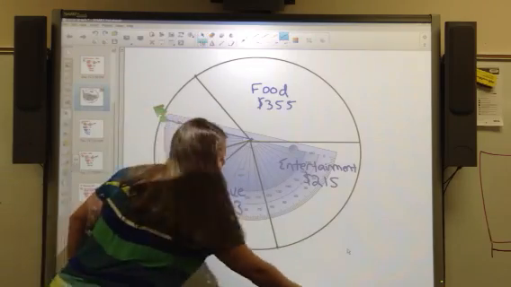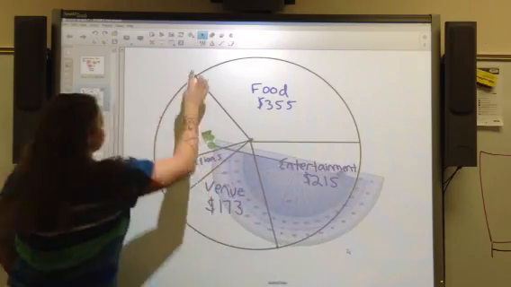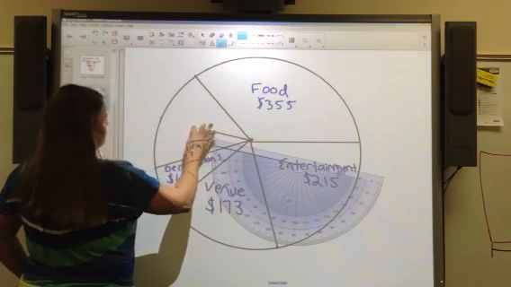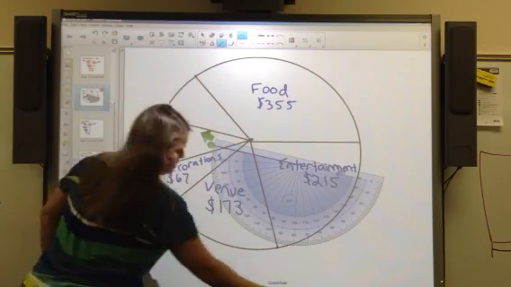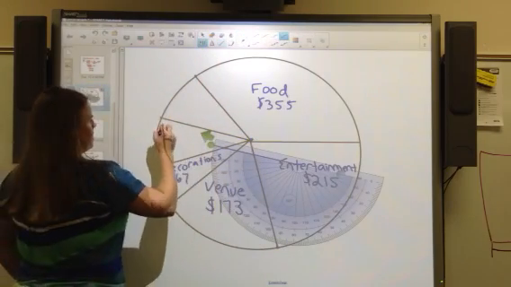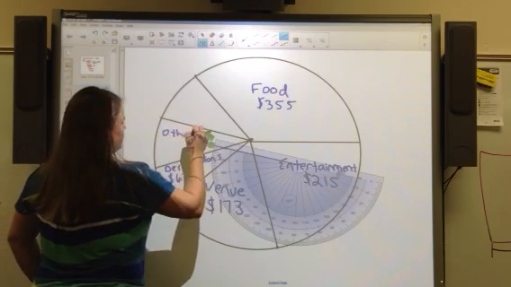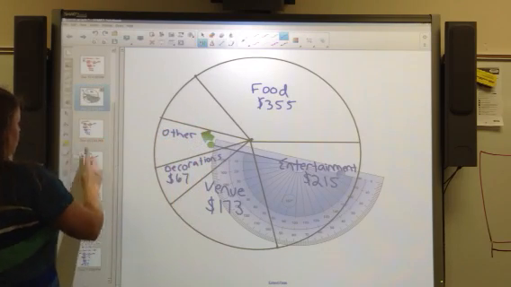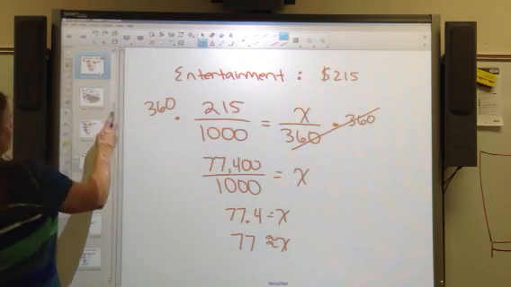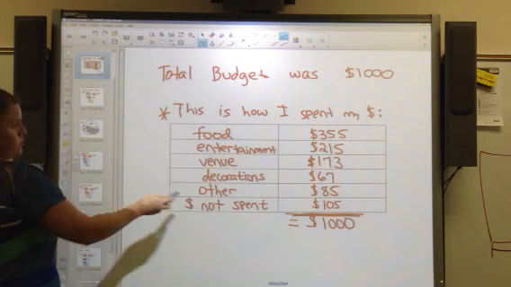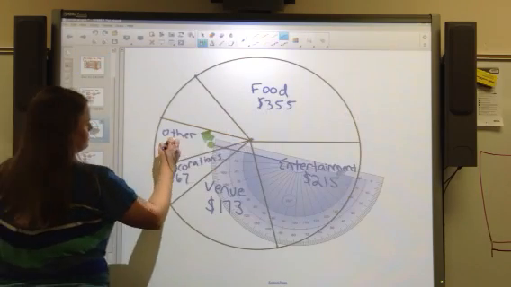Make a dot, connect to my line. And that is other. So other was $85.